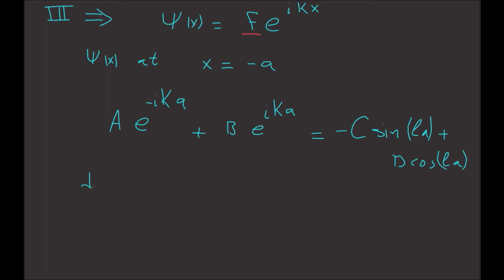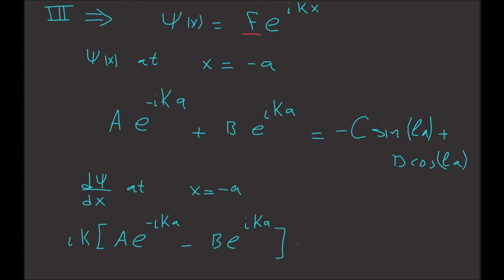And then d psi dx is also continuous at x equals minus a, which gives us i k times (A e to the minus i k a minus B e to the i k a), close brackets, equals L times (C cosine of L a plus D sine of L a).